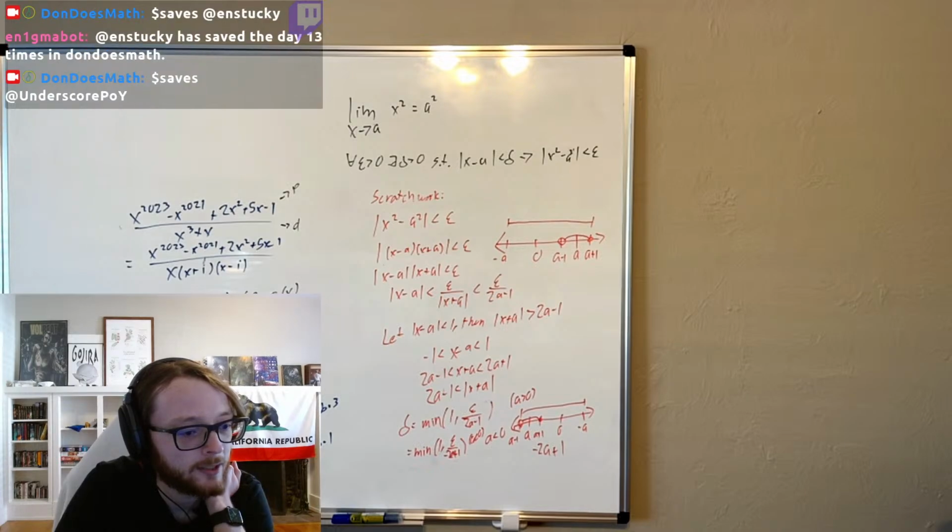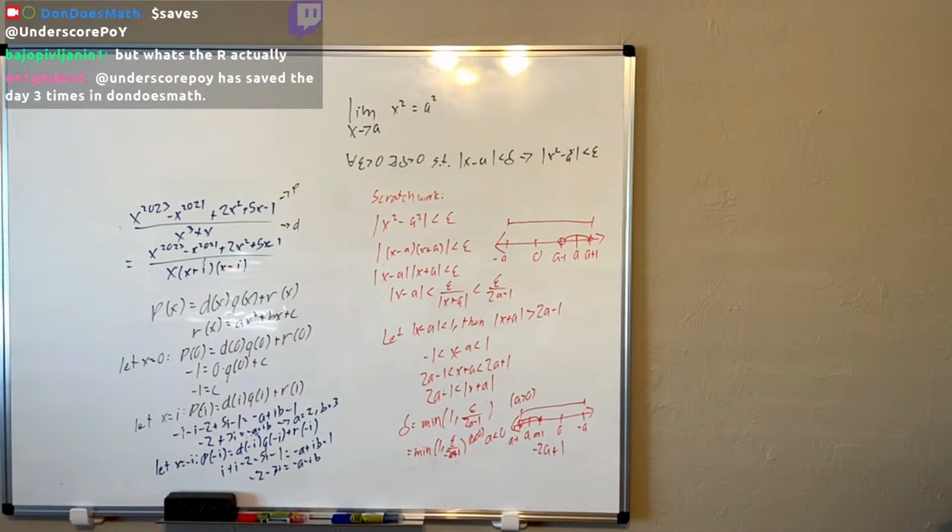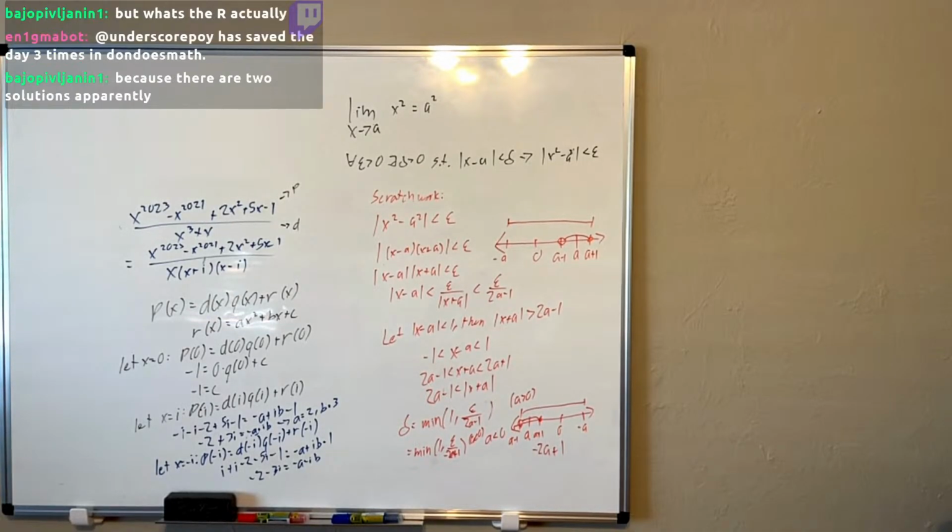What's the R actually? Oh yeah, we can say that, bio. So, oh shit. Sorry, I almost pulled my headphone cord out because it got stuck on my leg. Okay.